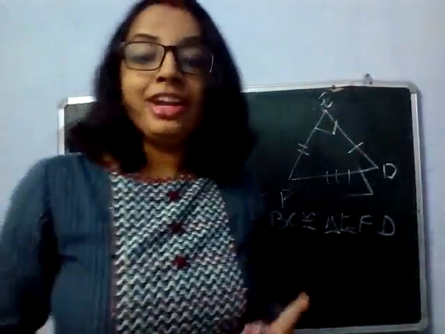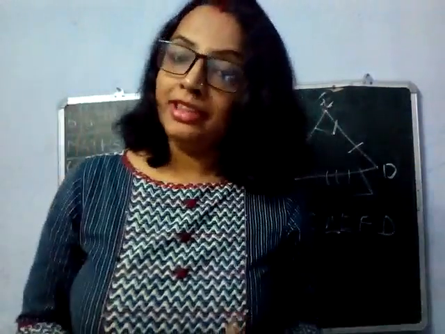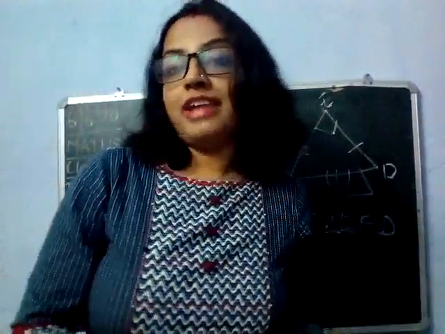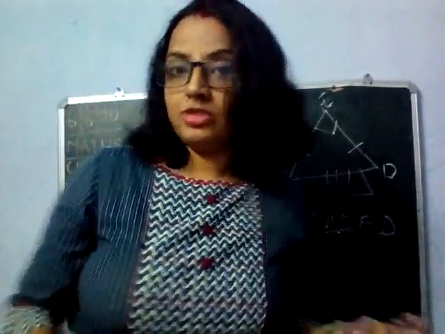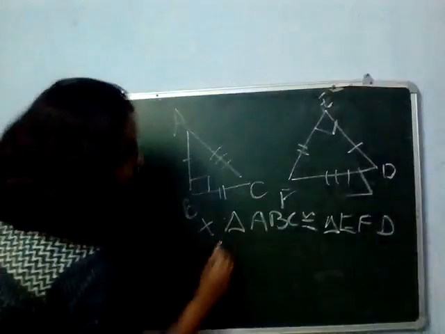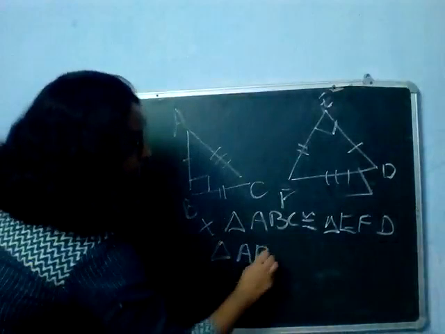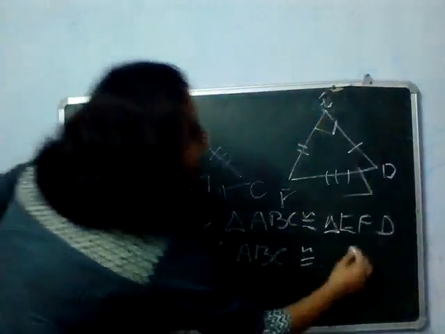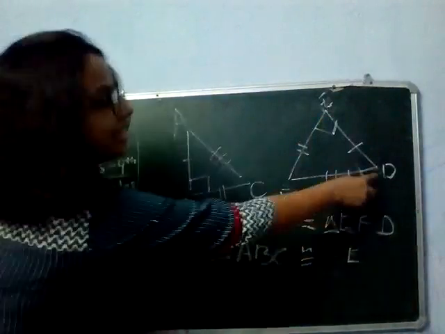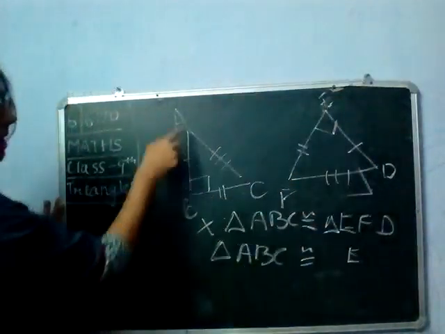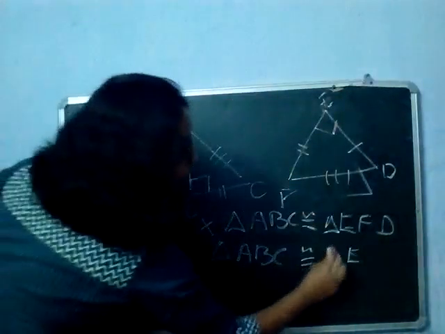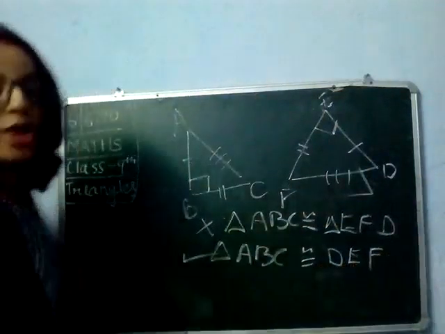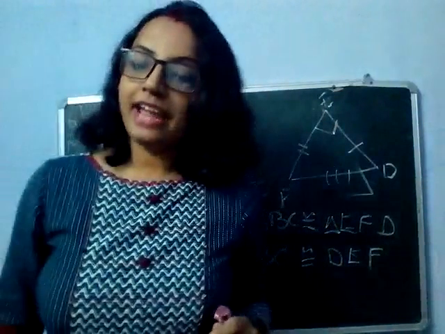You have to write equal sides of those two triangles in order. So the correct way is to write DEF, as D corresponds to A. This is the right way of writing congruence of a triangle.